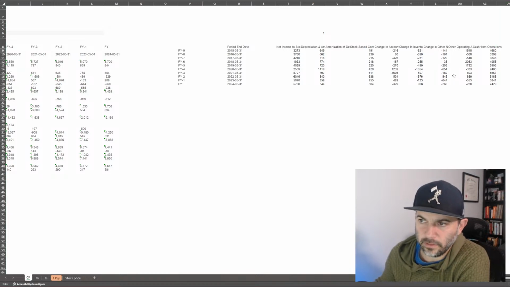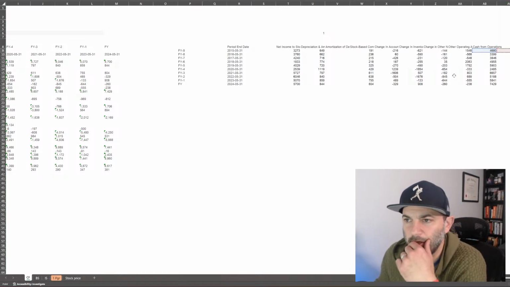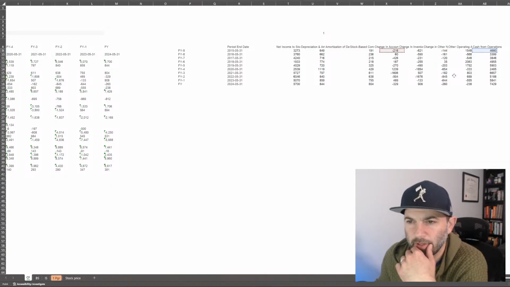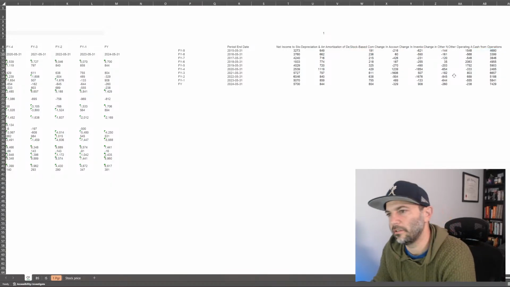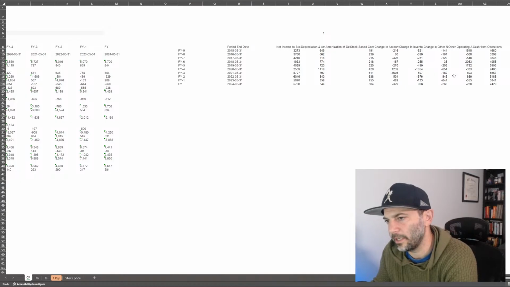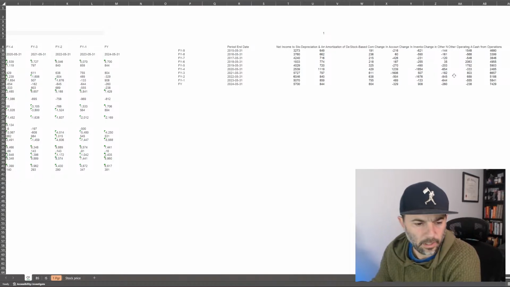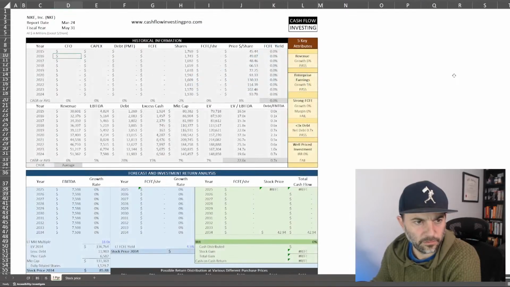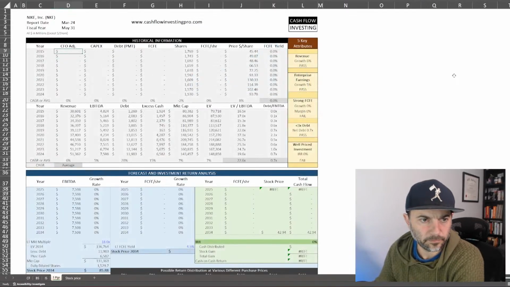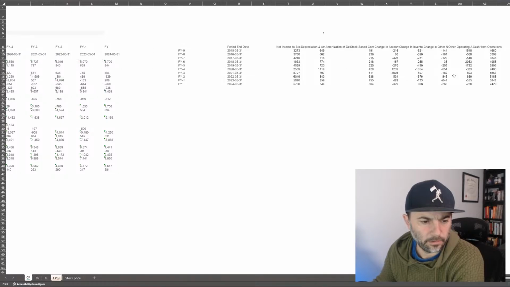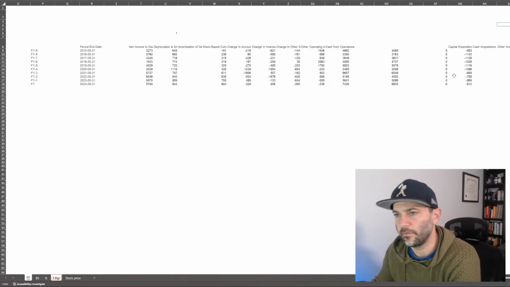What I like to do is take operating cash flow and subtract stock-based compensation to get an adjusted value. Cash flow is still growing. So let's put my adjusted free cash flow and drop that in there before we start taking a look.